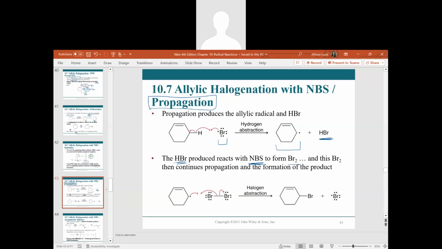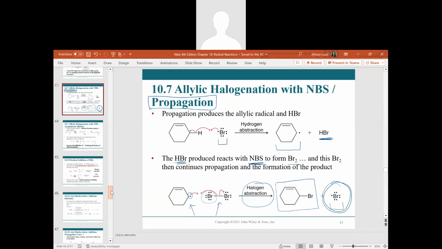This radical then reacts with Br2 in a halogen abstraction propagation step, and we get our allylic bromination. We also produce more of that bromine radical at the end of this step, so it is a self-sustaining chain reaction, as we expect with the propagation step of a radical mechanism.